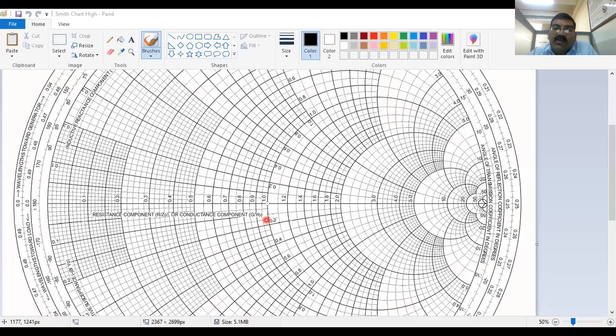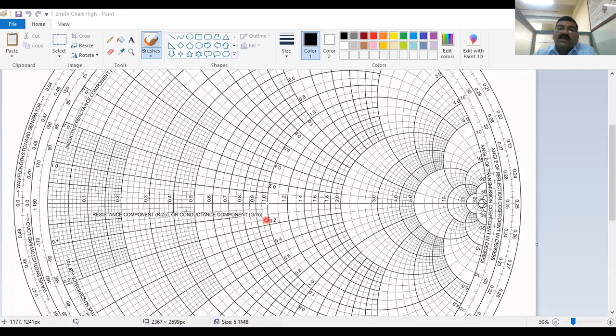Now, how can we plot this? This is the horizontal axis for the real part. You can see 1, 1.2, 1.4, 1.6, 1.8, 2, 3, 4, 5, 10, 20, 50, and at this end it is the infinity.